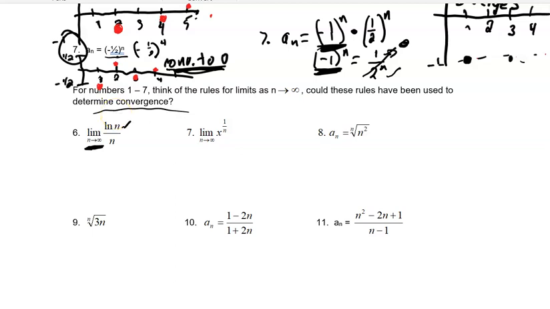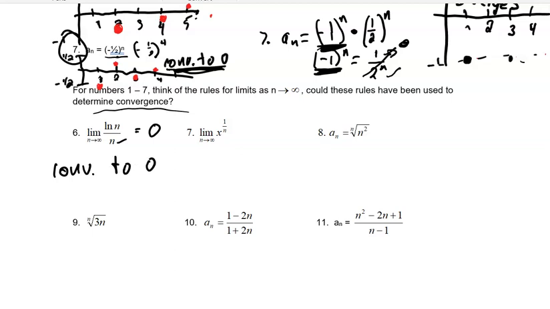So between a natural log and an n, which is the faster growing function? So as n goes to infinity here, if we calculate that limit, what that should tell us then is overall, since our faster growing function is on the bottom, that our limit is 0. So we would say that this would converge to 0.